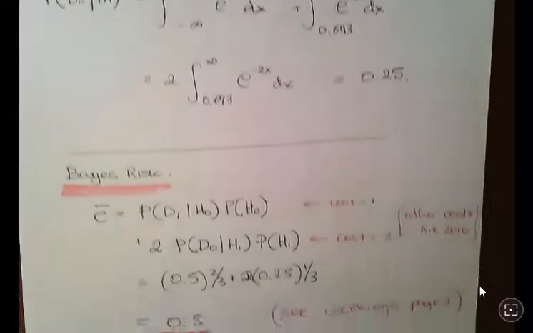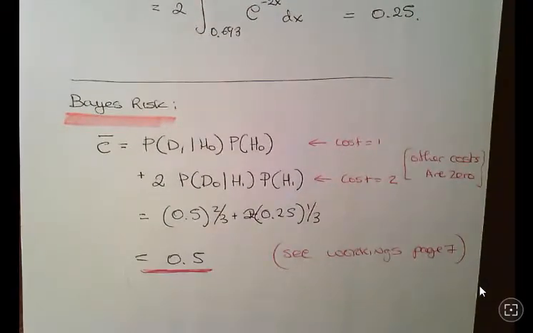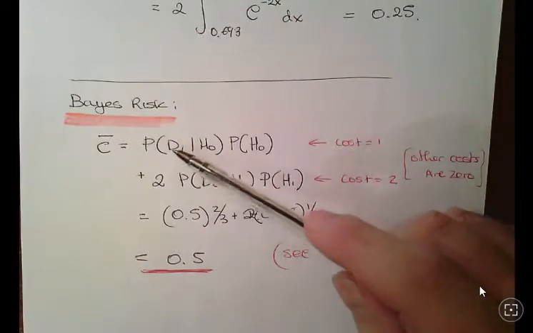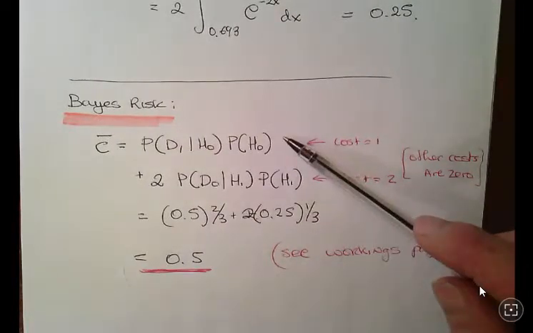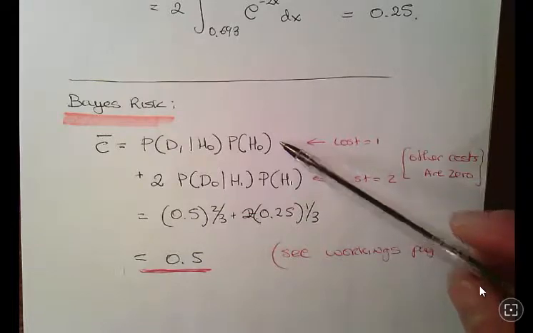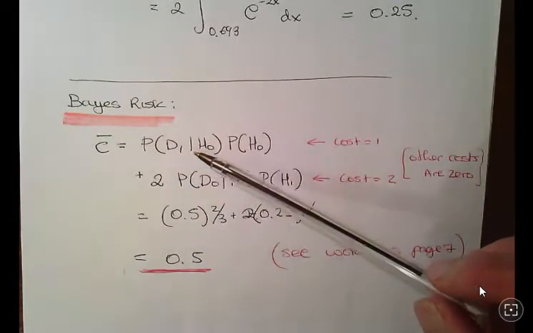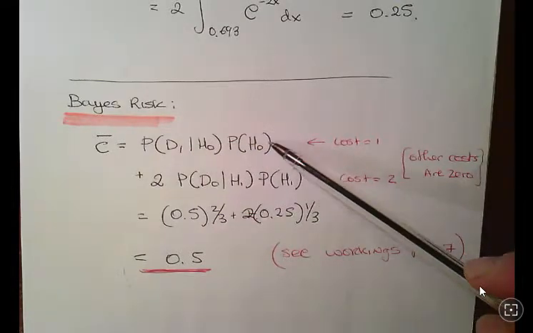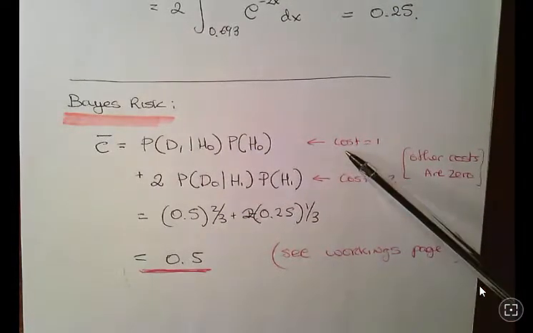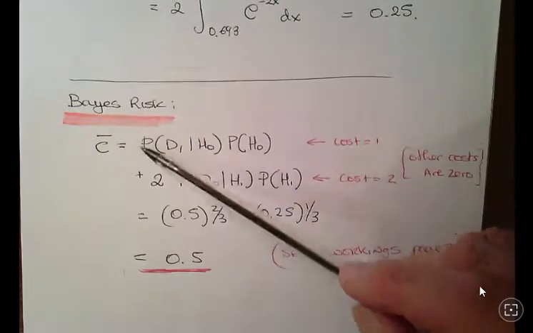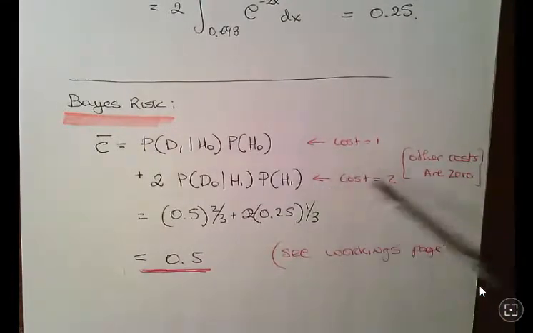So now I'm able to put all the Bayes risk calculations together. P10, as I had it on that little grid earlier, if you specify it fully, is the probability of D1 given H0 times the probability of H0. The cost is 1, so it's 1 times that. The other costs are 0, that's why we dropped them.